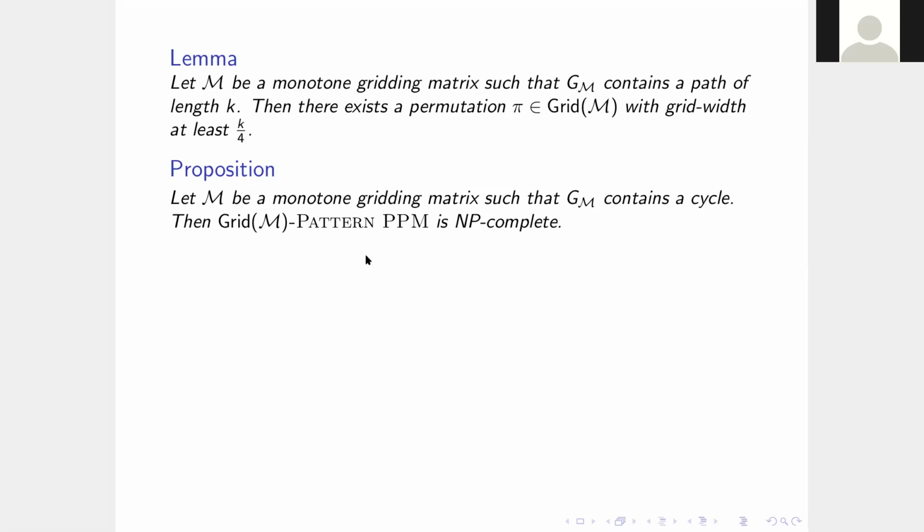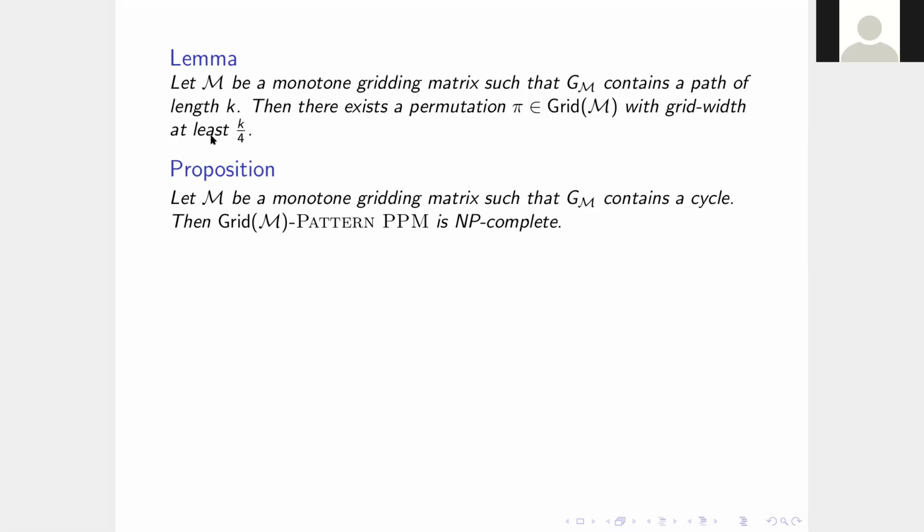And so what are the implications of a cycle then? Well, first is the lemma that whenever you have a monotone gridding matrix such that its cell graph contains a path of length k, then there is a permutation in the grid class of M that has grid width at least k over 4. So in some sense, the longest path in the cell graph gives a lower bound for grid width.